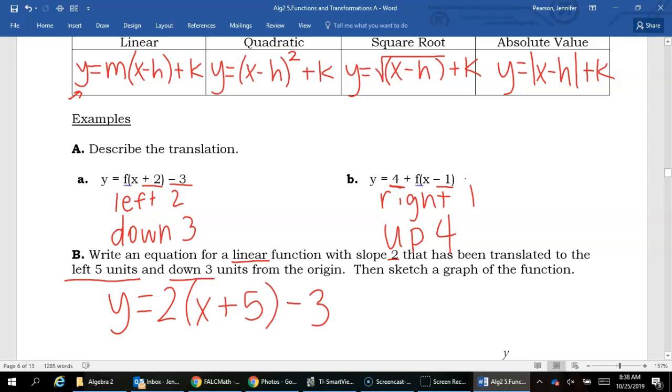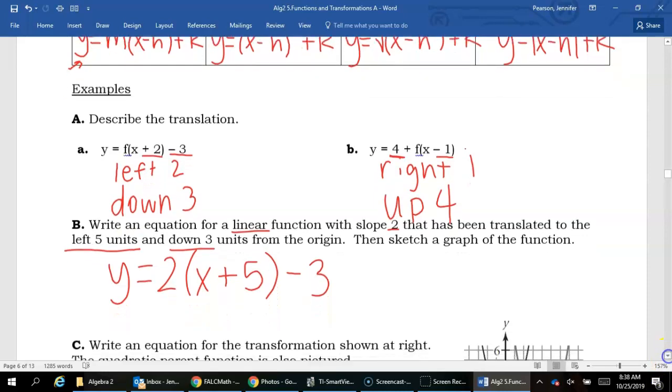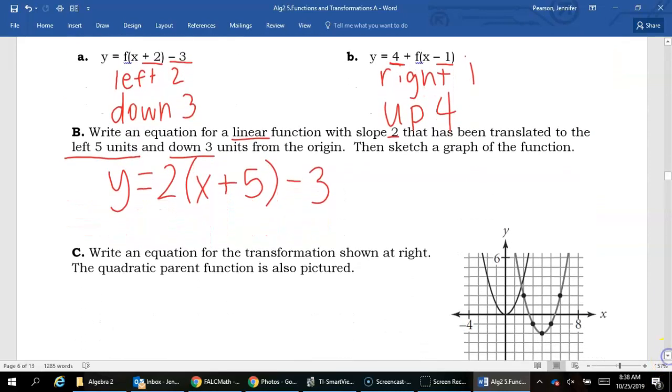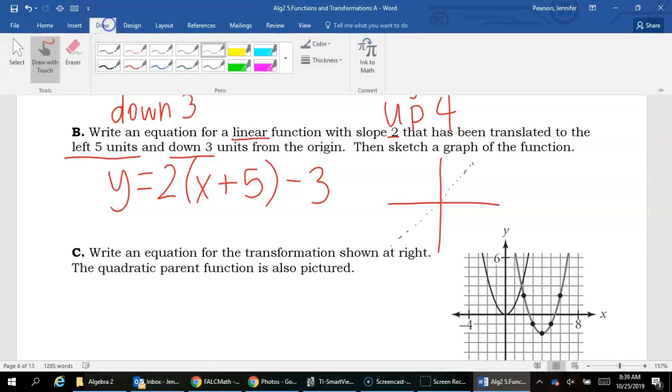I'm going to scroll so I have a little more space to sketch that graph. So I know the regular line, and maybe I'll go gray. The regular linear parent function is just a line going right through the origin, perfectly diagonal, like a 45-degree angle.